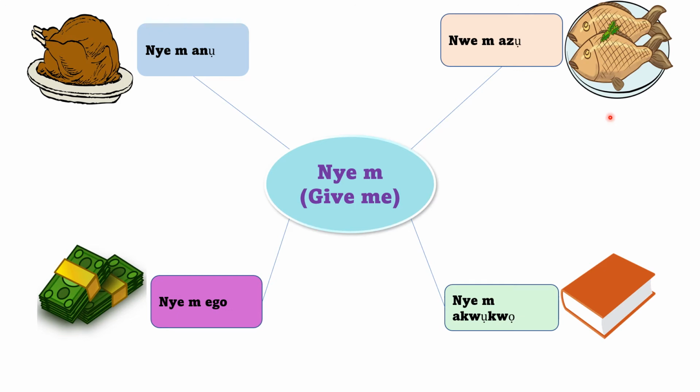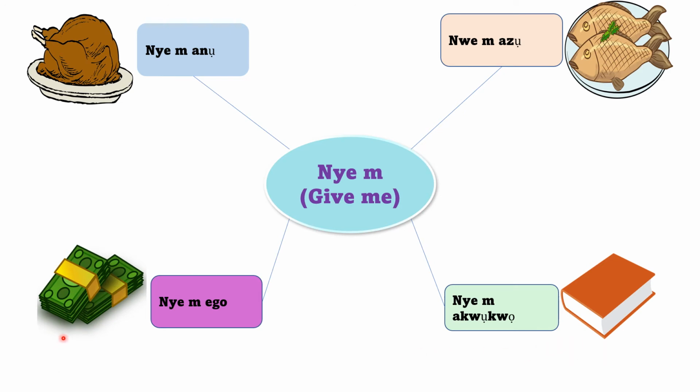So using that to form sentence with this word nyem, it will be nyem azo, which means give me fish. Okay, in the previous slide, we noted that book means akwụkwọ. So to use that to form sentence, it will be nyem akwụkwọ, which means give me book.